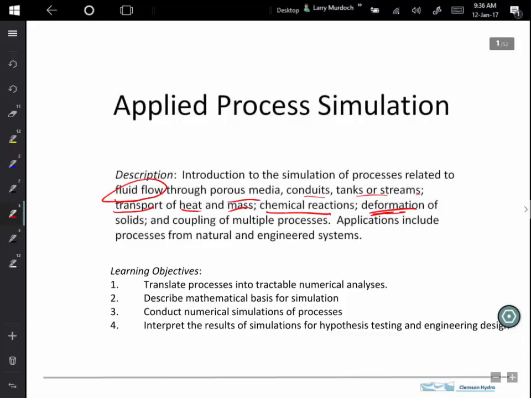We'll look at each one individually, and then we'll see how these different processes are coupled together. We'll look at the basic overview, the concepts, how the analyses are done, and then we'll have a variety of applications that we'll be pulling from natural systems and from engineered systems.